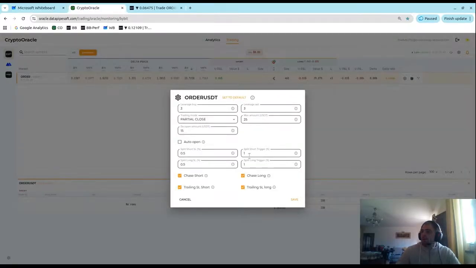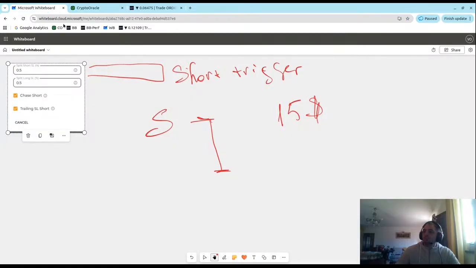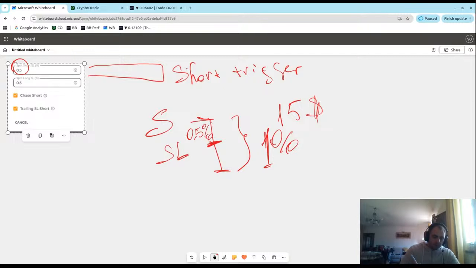What I mean is, when we get this delta of 1%, then we open a stop loss here, 0.5%. And it's getting triggered here on 1%, on this field here.